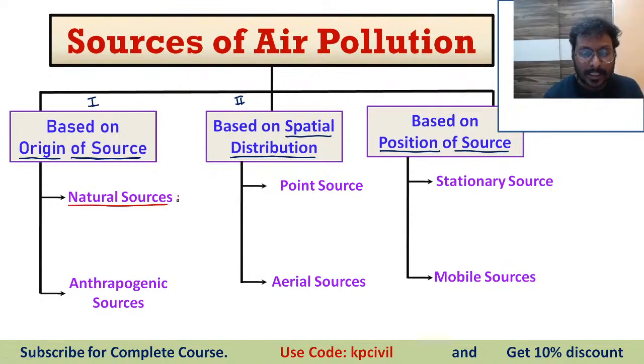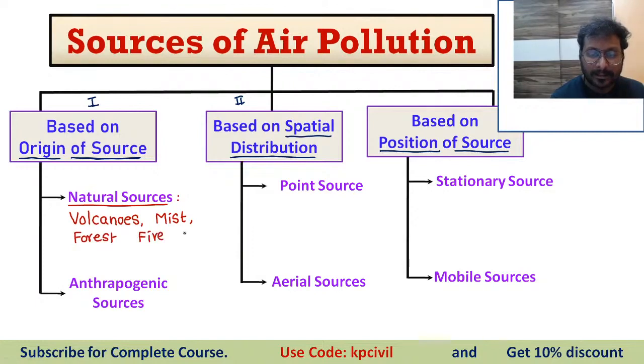Based on origin of source, natural sources. The meaning of natural: no human involvement. Nowhere is a human concerned with this air pollution. The natural factors like volcanoes, mist, forest fire, etc. Yes, pollen grains also, Ashok Krishna, very good.